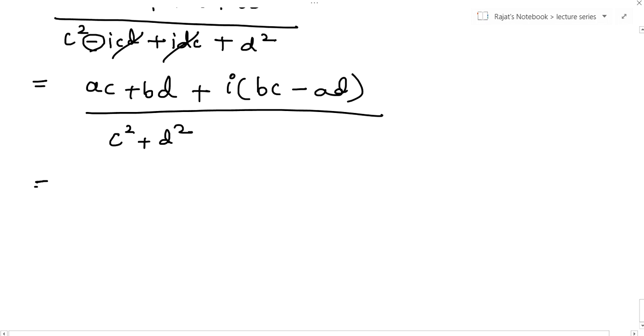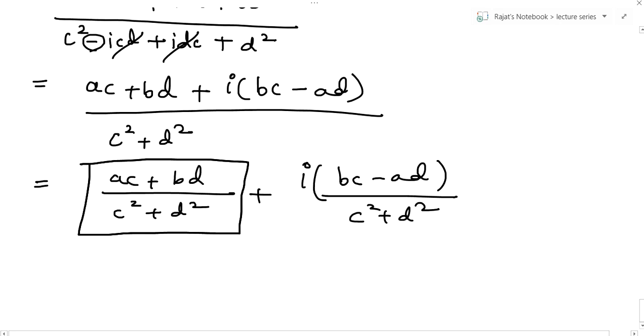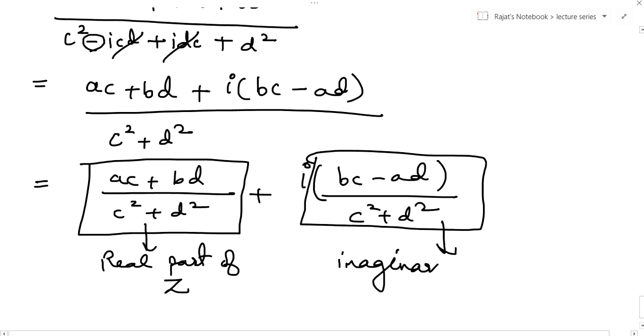Now if I try to split the complex number, what will I get? ac plus bd upon c square plus d square, plus iota times bc minus ad upon c square plus d square. Now clearly you can see there is no iota in the first part, so this becomes the real part of z, and this is the imaginary part of z.